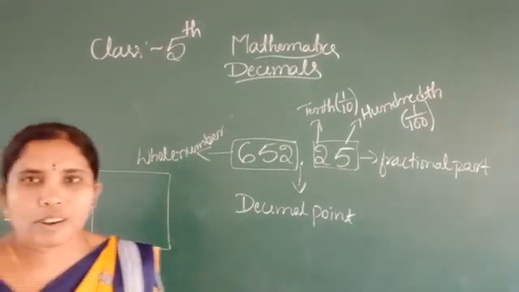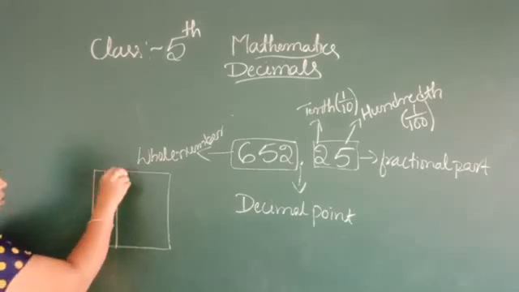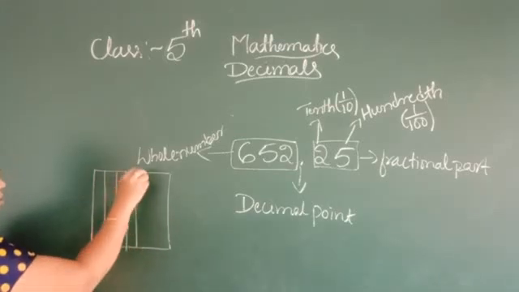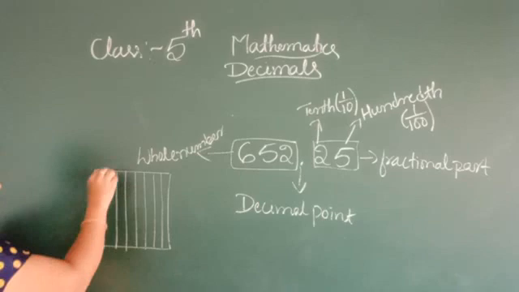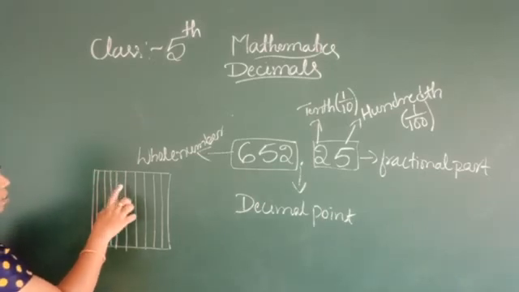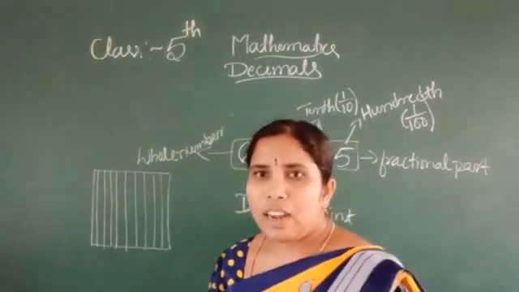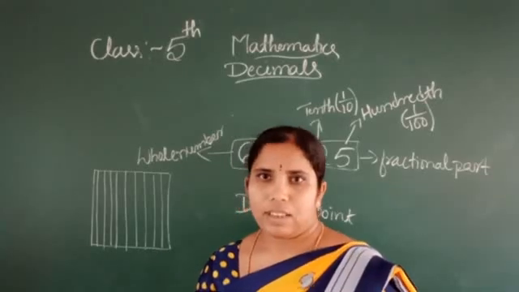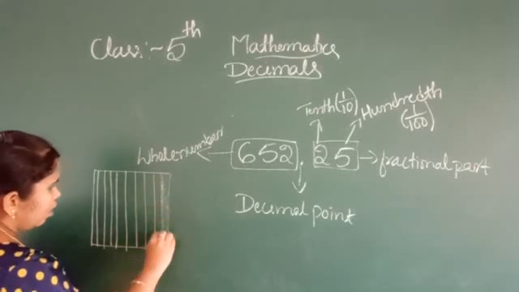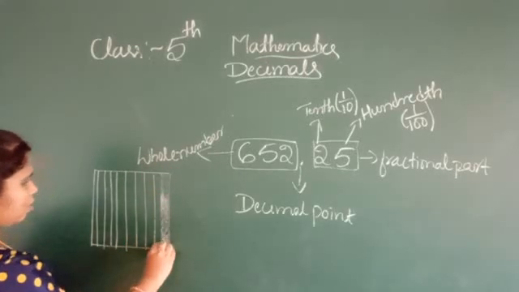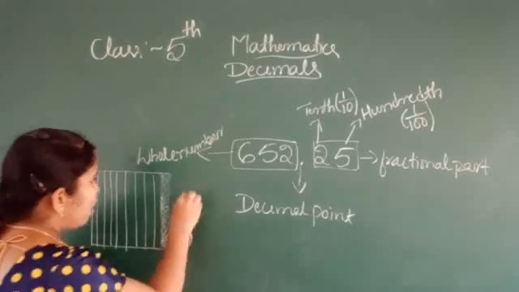A square can be divided into 10 parts: 1, 2, 3, 4, 5, 6, 7, 8, 9, 10.